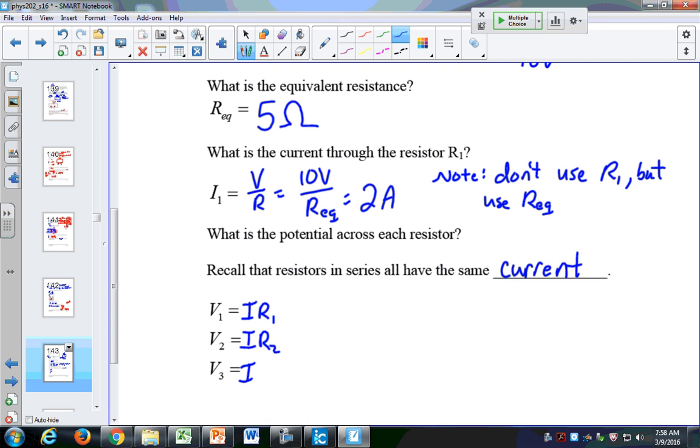IR1, IR2, IR3. That's going to be 2 amps times 1 ohm, 2 amps times 2 ohms, and 2 amps times 2 ohms. It's equal to 2, 4, and 4 volts.